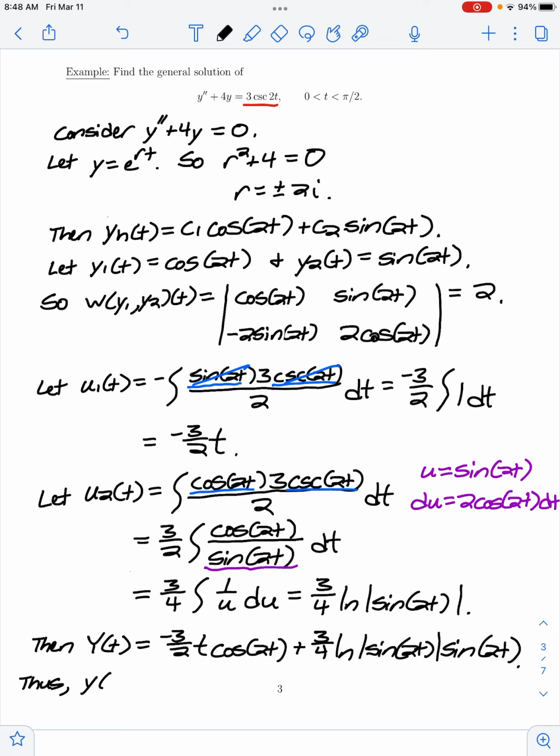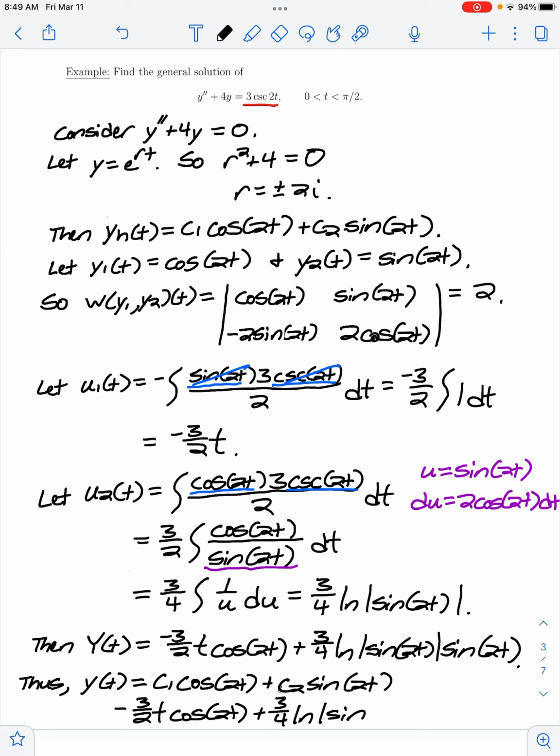So writing it out, our general solution, y of t, would be c1 times cosine of 2t plus c2 times sine of 2t plus our particular solution, which was negative 3/2 t cosine of 2t plus 3/4 the natural log of absolute value sine 2t times sine of 2t.